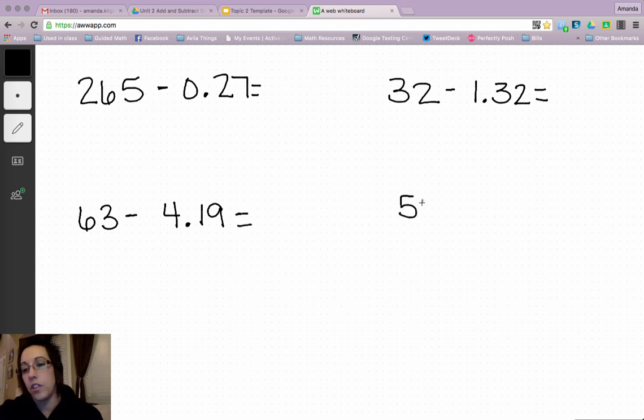And 54 subtract 7 and 9 hundredths. So pause the video now and work these problems, and then come back and check as I work the problems.